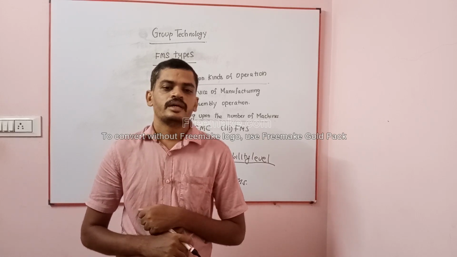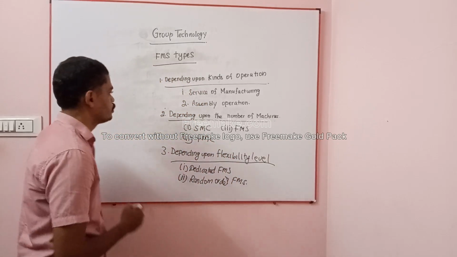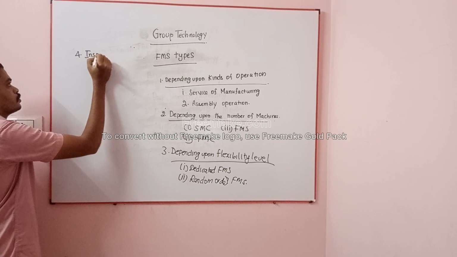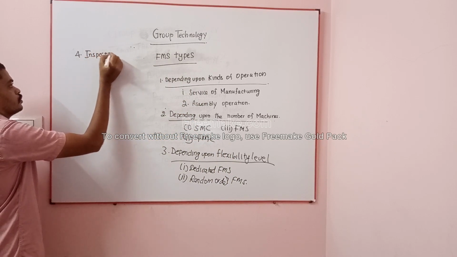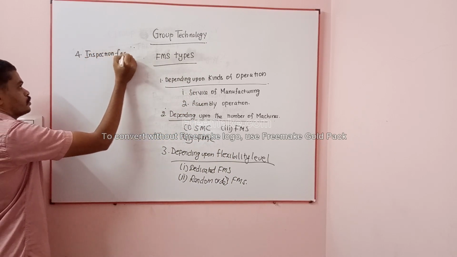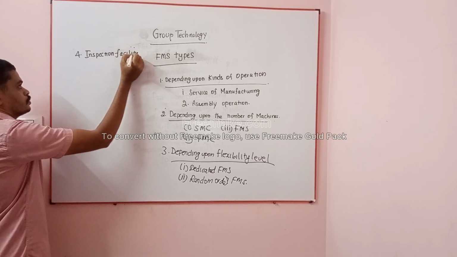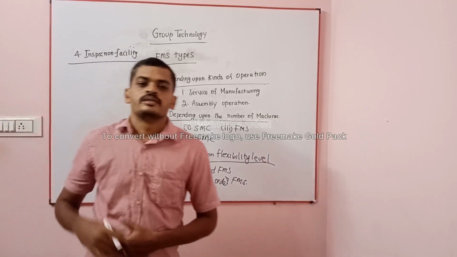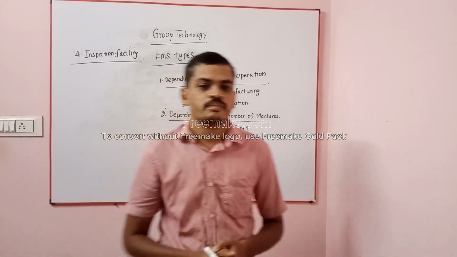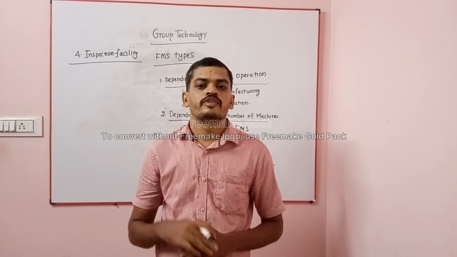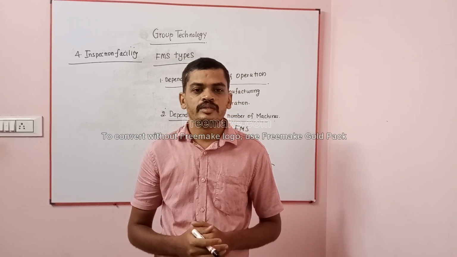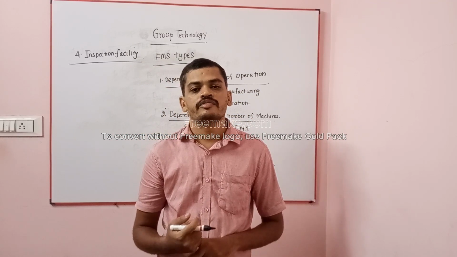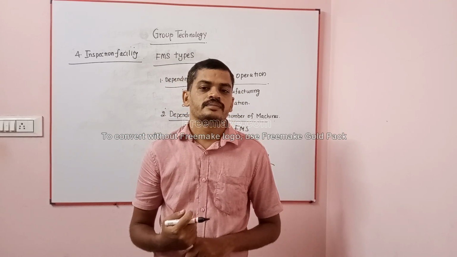Next one is inspection facility. This involves the coordinate measuring machine, CMM, used for offline inspection and designed to measure the dimension, concentricity, perpendicularity and flatness of surfaces.